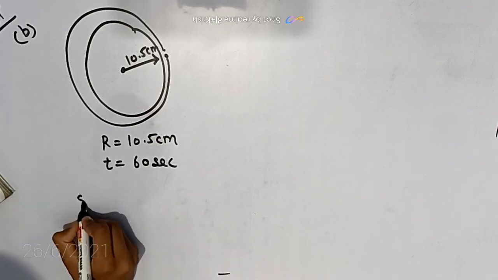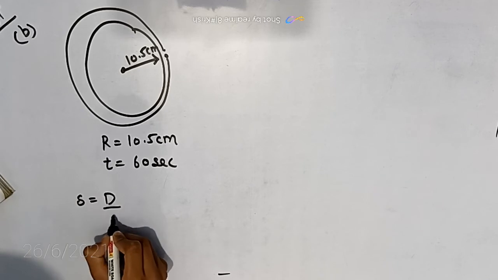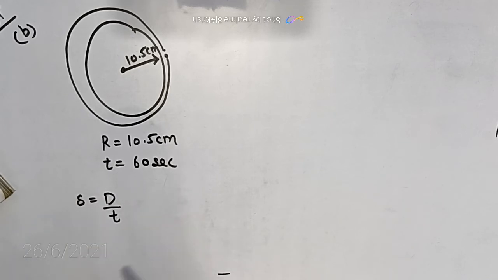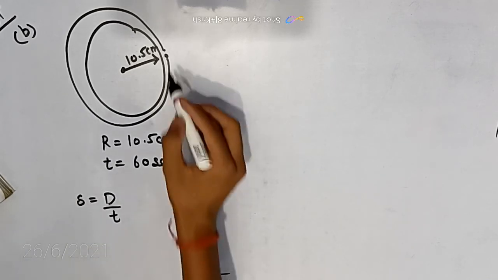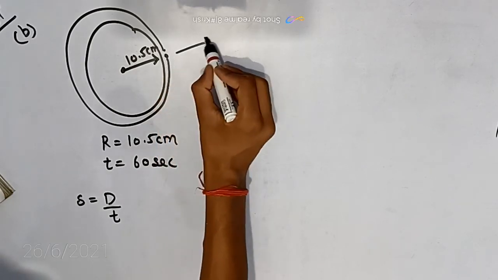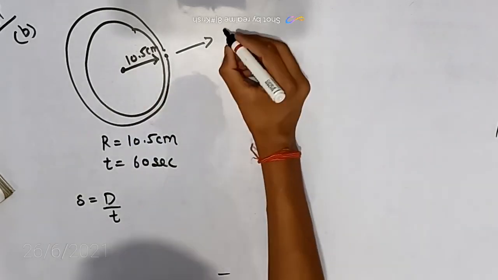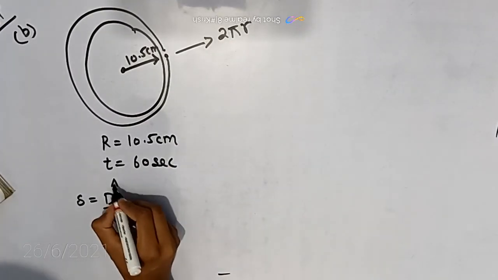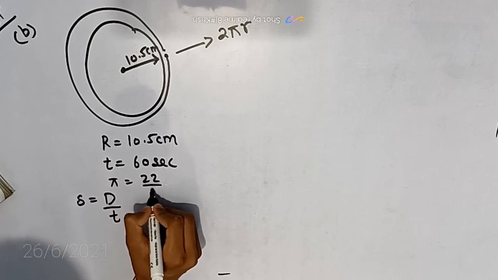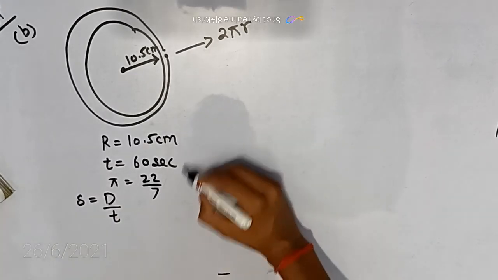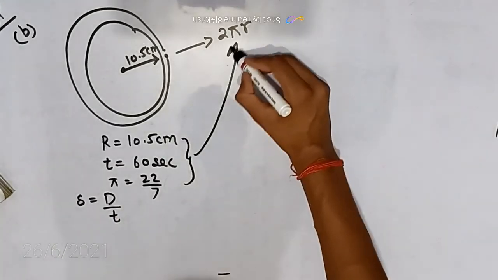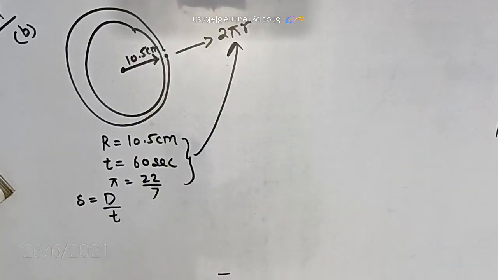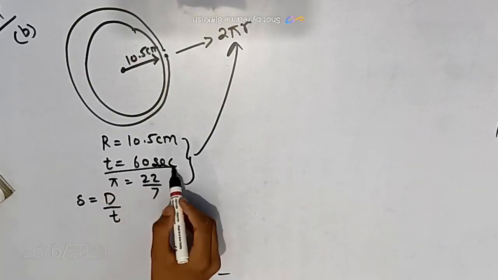The formula of speed is distance upon time. So first we have to calculate the distance, that means the circumference of the circle, which is 2 pi r. The pi value is given as 22 by 7. We will put these values in the 2 pi r formula to find the distance, and the time is already given as 60 seconds.